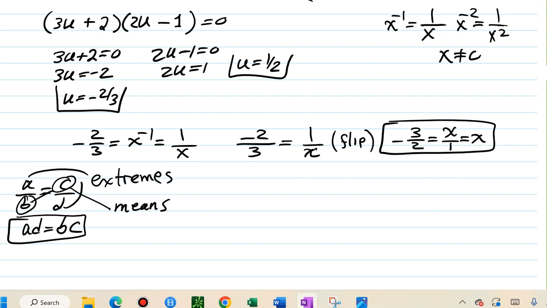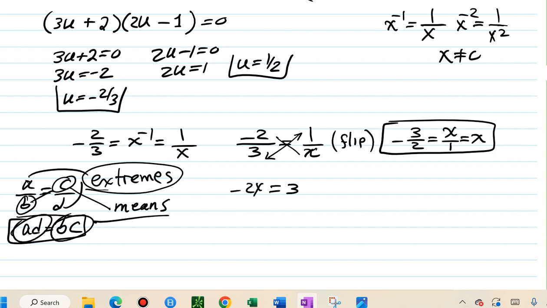To have a true proportion, product of means has to equal product of extremes. Now, if I multiply the means and extremes here, the means multiply to 3, extremes multiply to negative 2x, divide both sides by negative 2, and you get negative 3/2. Notice these are the same. So you can do it either way.